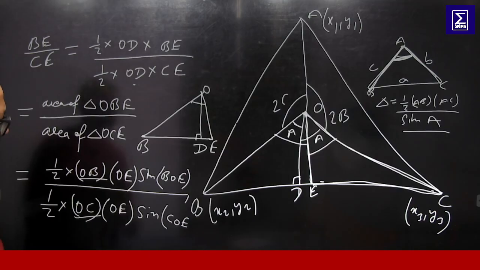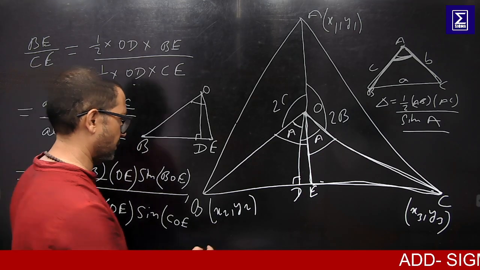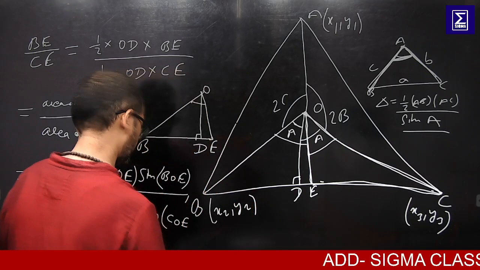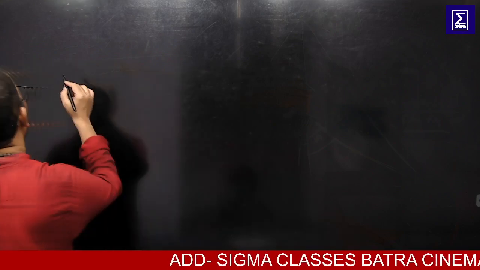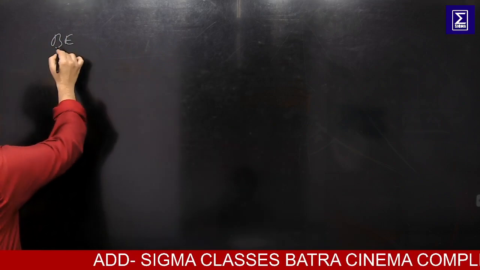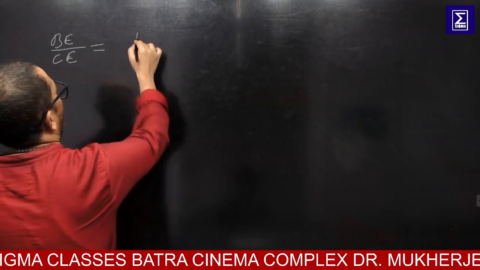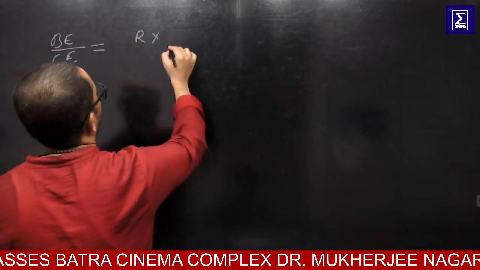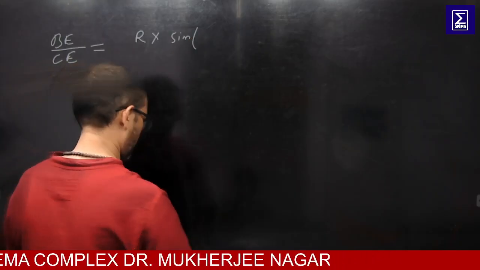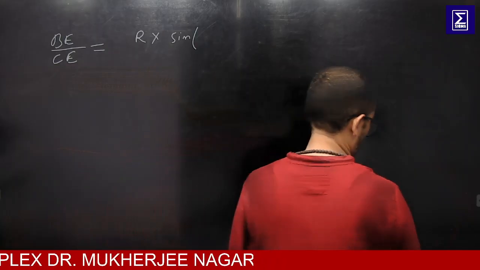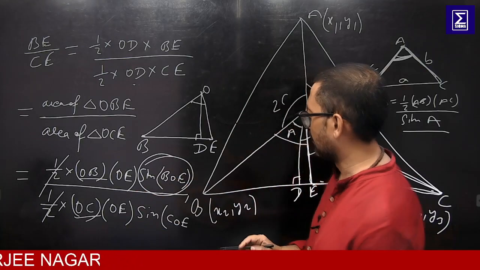So in the next step, what we can write is BE upon CE is equal to OB, which is R, times sine of this angle BOE. So what is BOE?